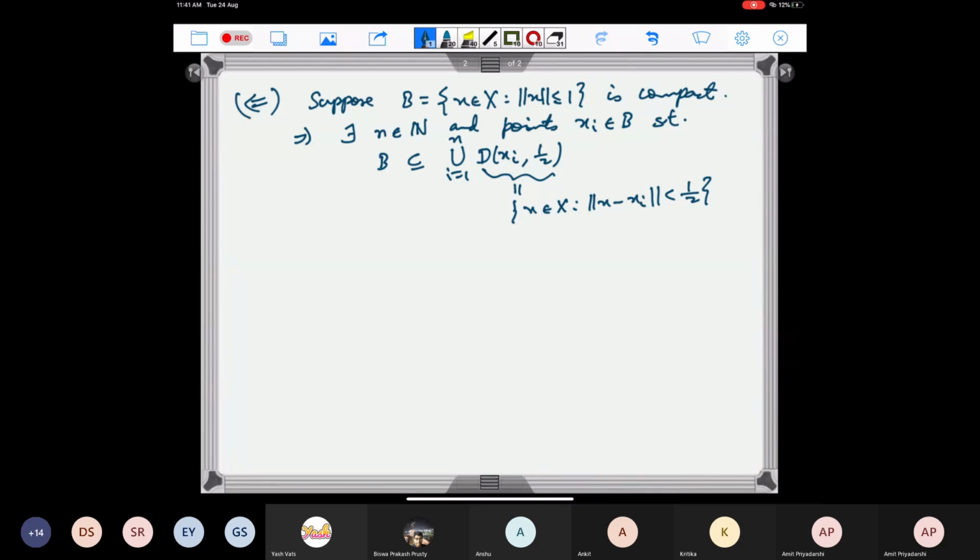So let W equal to the span of x1, x2 up to xn.